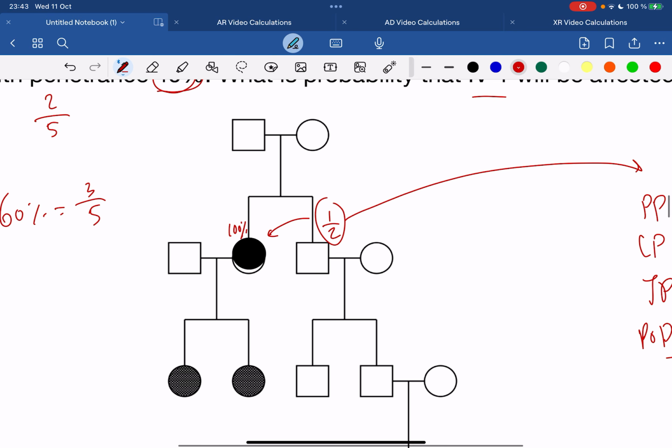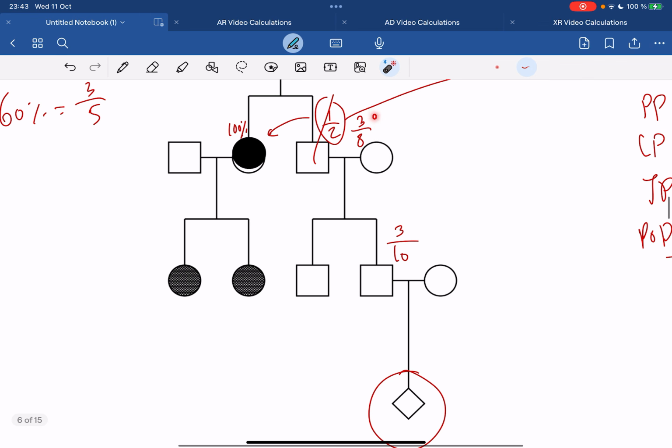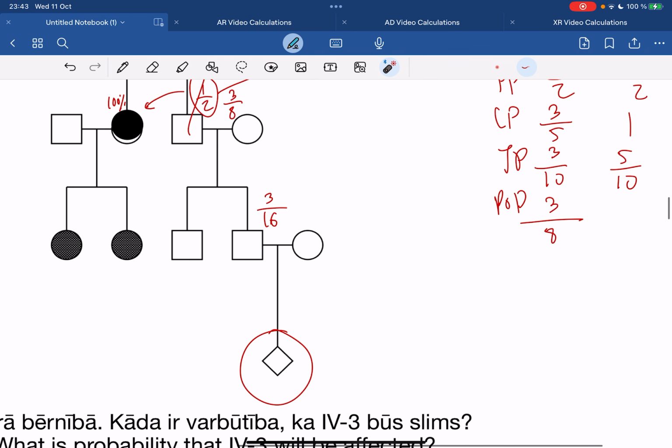All right, so we got this person's probability. Now we go down to this person, and he would have a 3 out of 16 chance because it's half of his parent. So 3 out of 16, that looks like a 10. And now we do a Bayesian table there too, because again, we are unsure.